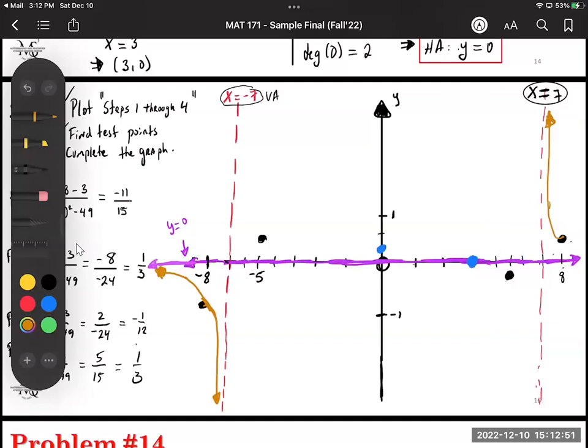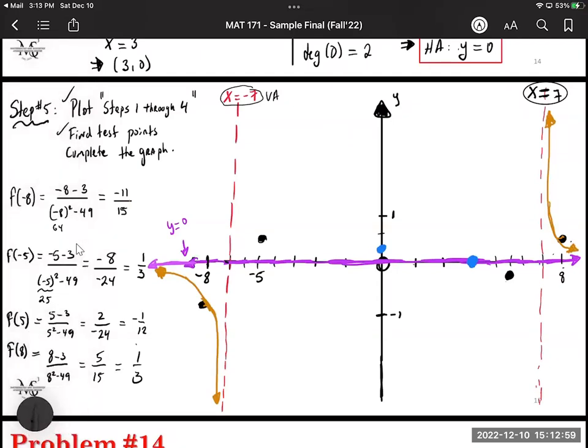And as you're approaching infinity, the graph should be getting closer and closer to y equals 0, because that's what the horizontal asymptote does. It tells you that from the far left and from the far right, you're getting closer and closer to that horizontal asymptote. That's end behavior.